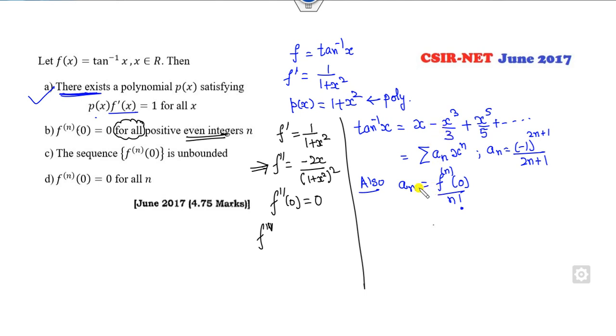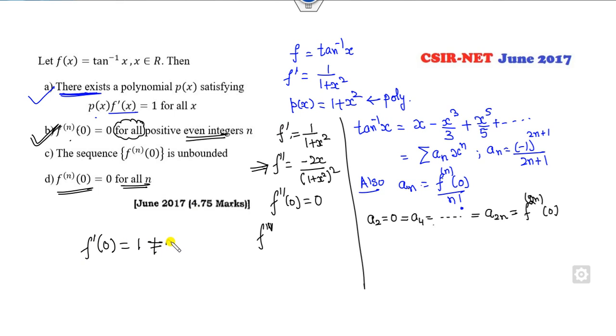Now clearly, what is a2? a2 is 0 because the coefficient of x square is 0. a4 is 0 and so on. So if this is 0, what is the meaning of that? The derivative of even order is 0. So the nth derivative when n is even is 0. But what about for all n? Clearly, what is the first derivative at the point 0? It is 1, which is non-zero. So this option is cancelled.